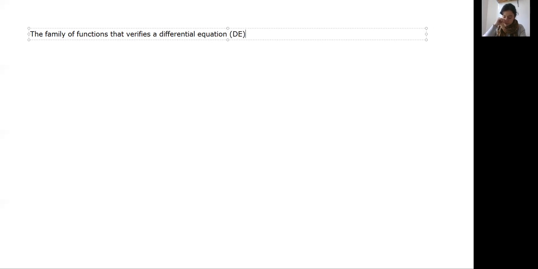So I'm going to define what a solution is in this case. We're going to say that the family of functions that verifies a differential equation, which I can denote by DE, is called the general solution of the differential equation.